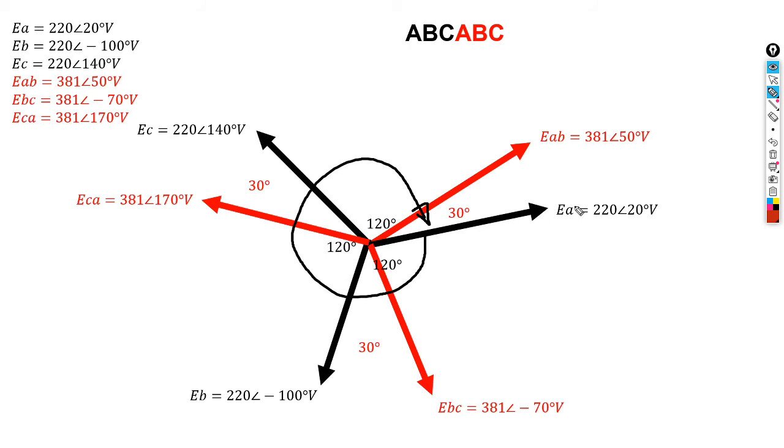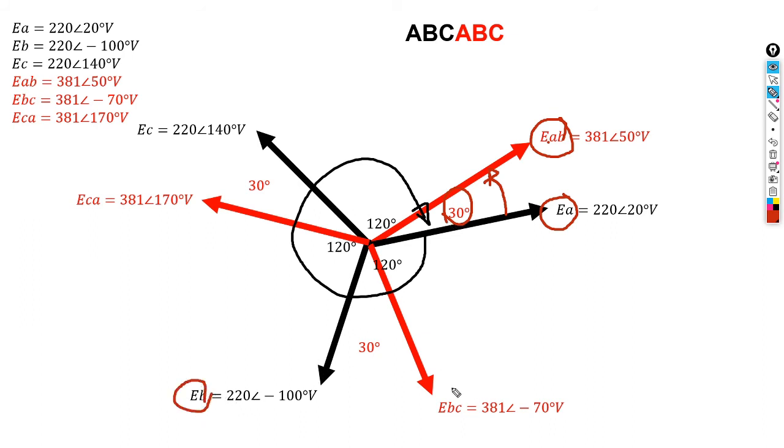So for instance, when I see A, the corresponding line voltage to A is AB. So therefore AB must lead A. Can you see? To lead means to come before it. So I can see A is here, but the line is coming before it, and the split of it is 30.